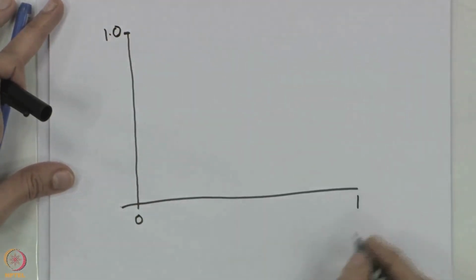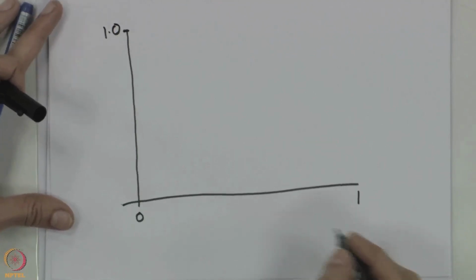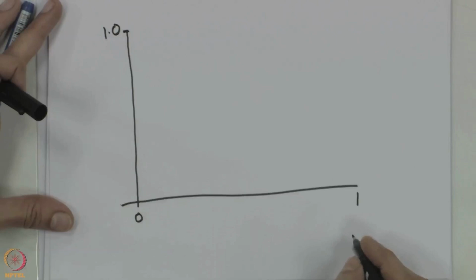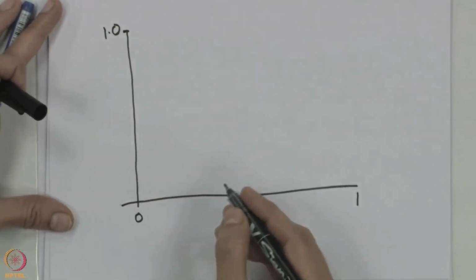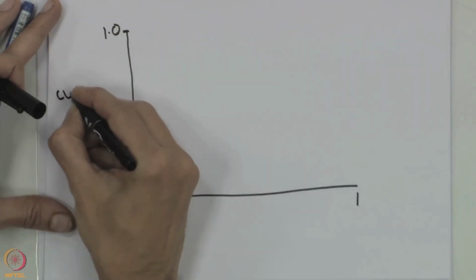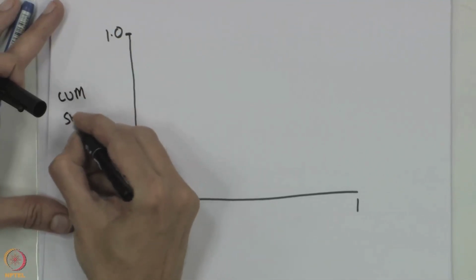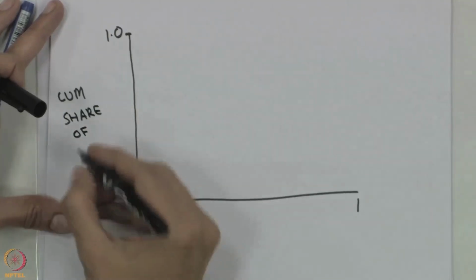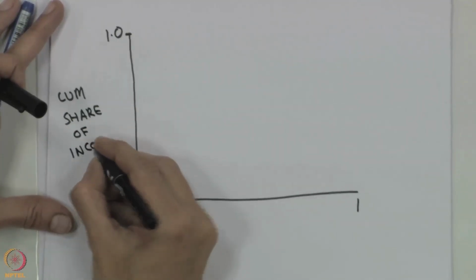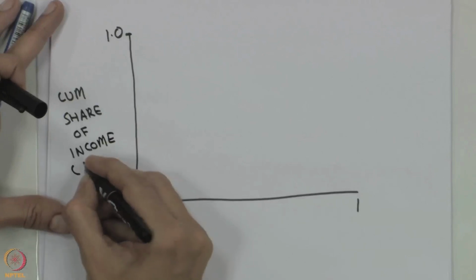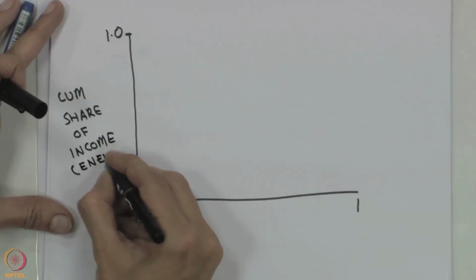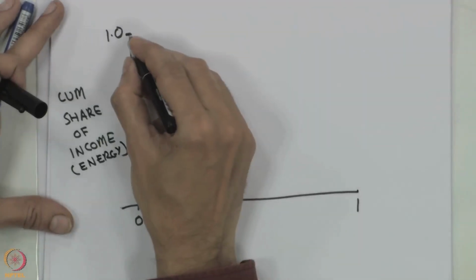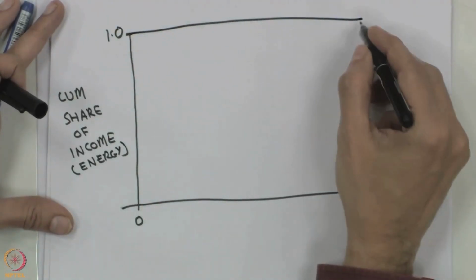The x axis shows the cumulative percentage of the population, the lowest percent, and the y axis shows the cumulative share of income, or energy, whatever we want to plot.